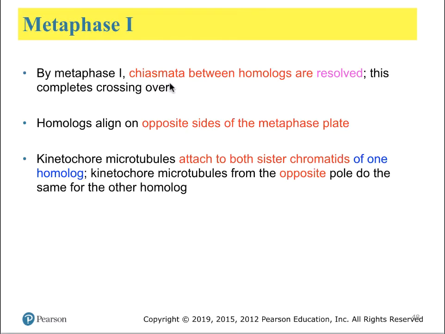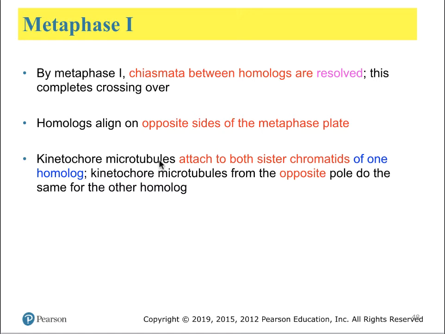As the cell cycle moves into metaphase I, the chiasmata that were holding the homologs together have been resolved, and the crossing over events are now completed. Homologous chromosomes align on opposite sides of the metaphase plate, but independently of neighboring chromosomes, which line up according to their own orientation.